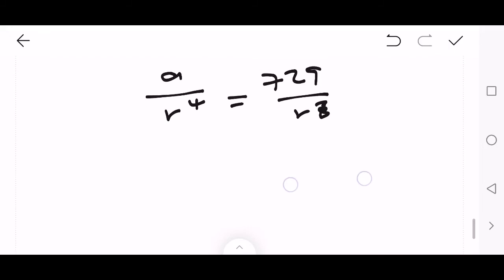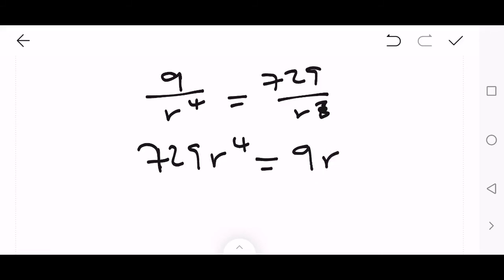So now we can cross multiply, so we will have r to the 4 multiplied by 729. That's just going to be 729 r to the power 4 equals 9 multiplied by r to the power 8, so we have 9 r to the power 8.